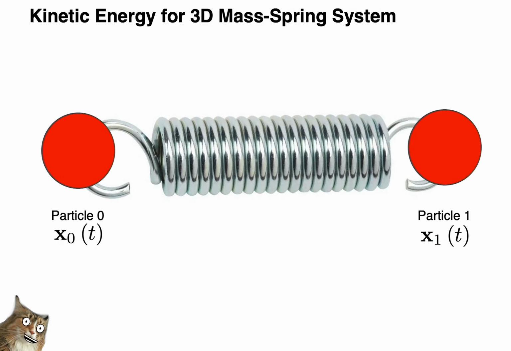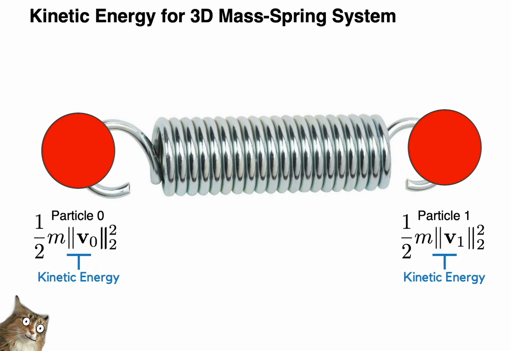One such system is our 3D spring. So here it is again. And remember that each particle attached to the spring has its own velocity, and the kinetic energy in the system is completely derived from these velocities. So okay, we can use our new kinetic energy formula to calculate the kinetic energy of each particle separately.